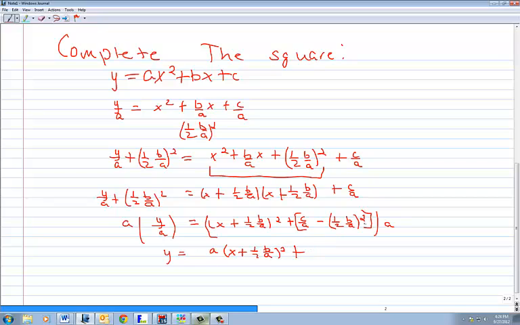If I distribute the a through the second term, I get c minus a times 1/2 b over a squared. Now that's in our standard form. Remember that the standard form of the parabola is y equals a times quantity x minus h squared plus k.